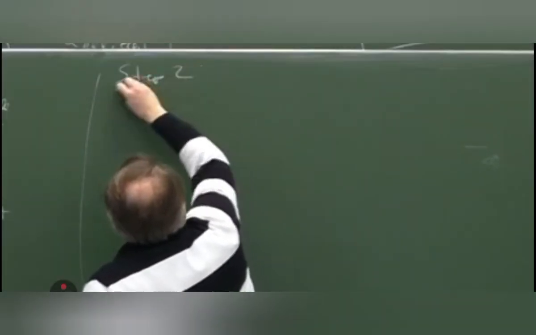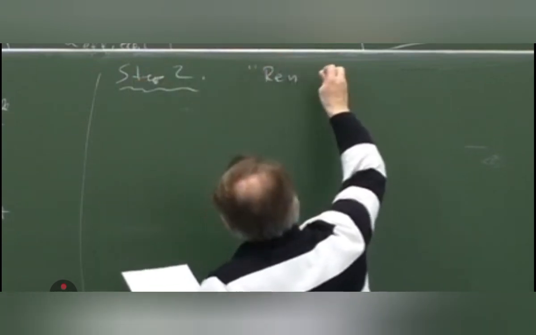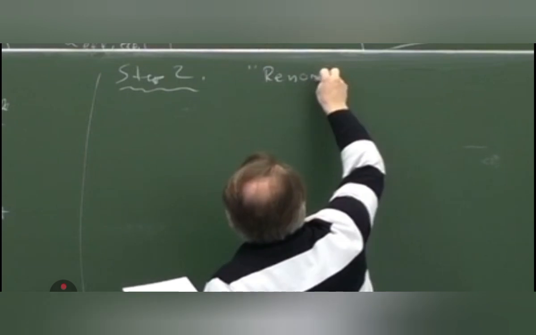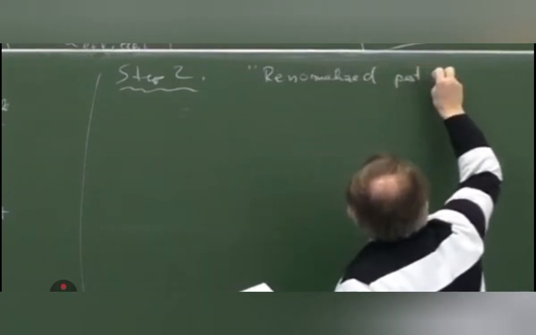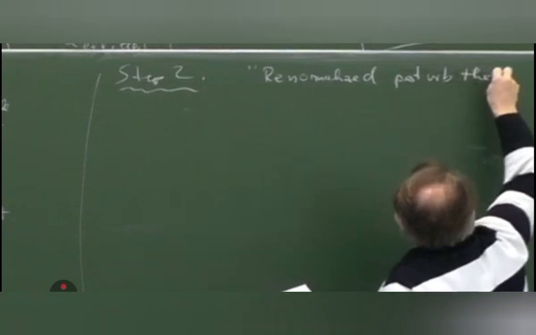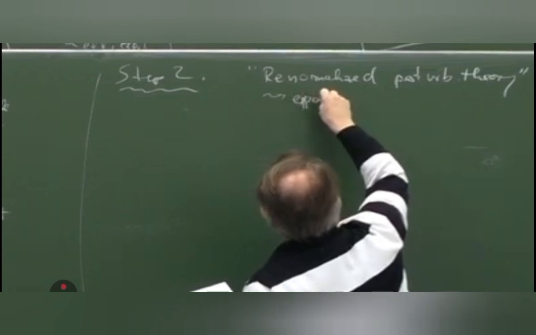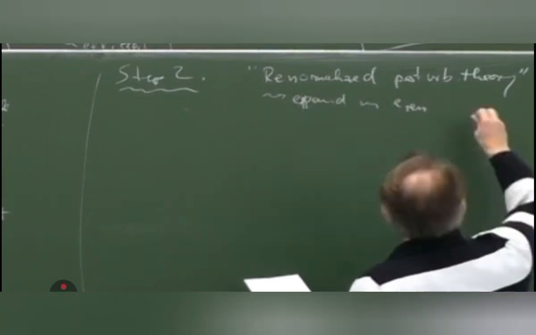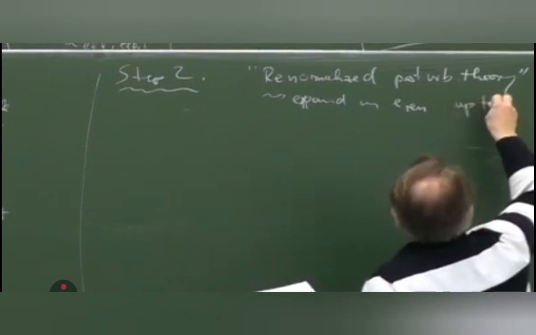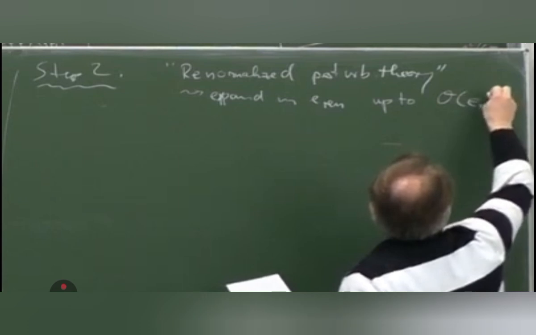After doing that, we are at step 2. So we do now renormalized perturbation theory. So we expand in this renormalized coupling constant E up to one loop order, and one loop order for us means up to E renormalized to the fourth power.